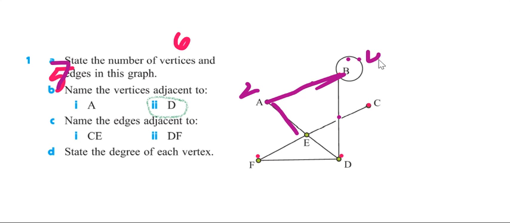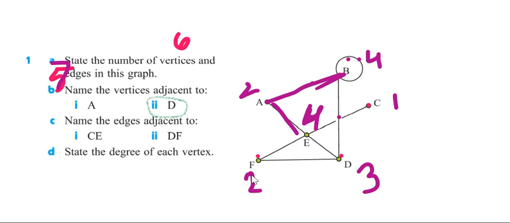C will be 1. D will be 1, 2, 3. For E, it will be 1, 2, 3, 4. For F, it will be 1 and 2. I hope you guys understood that.